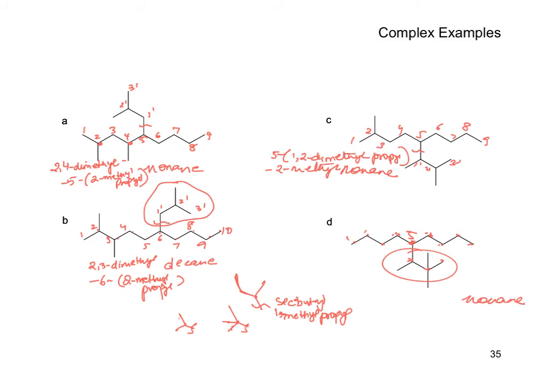The 5th position contains that, so that's where the parentheses is. That's the point of attachment, 1 prime, 2 prime, 3 prime. So it's some kind of propyl chain. The first position, second position have a trimethyl propyl. So 5-(1,2,2-trimethyl propyl) nonane. All right.